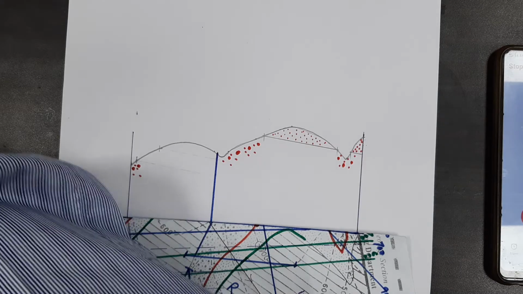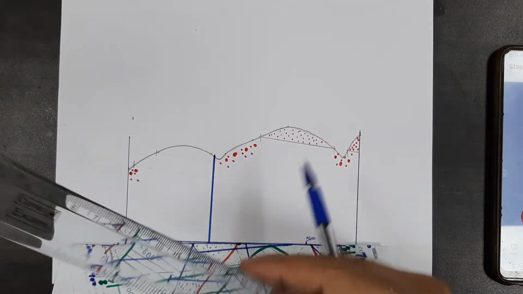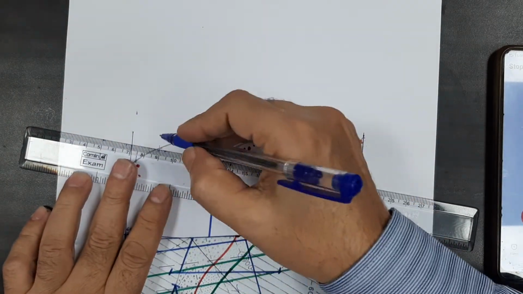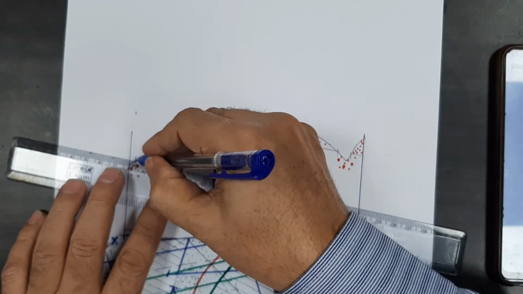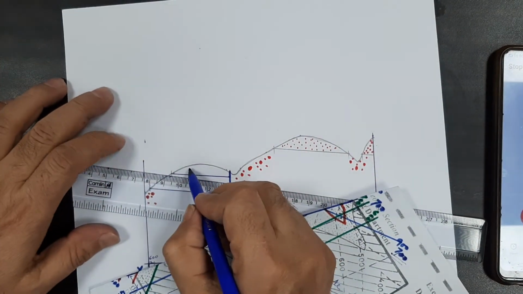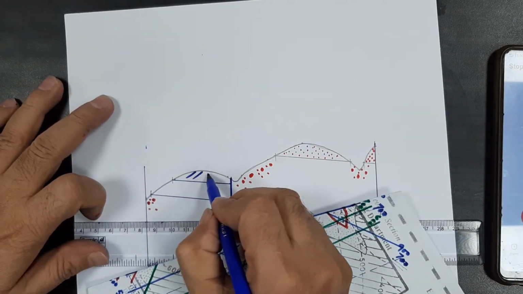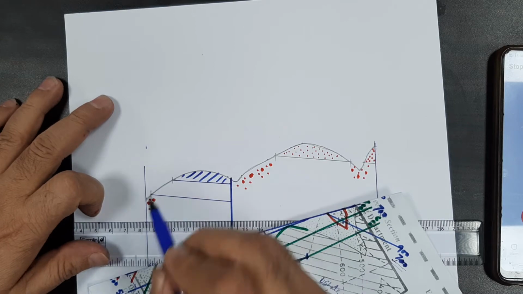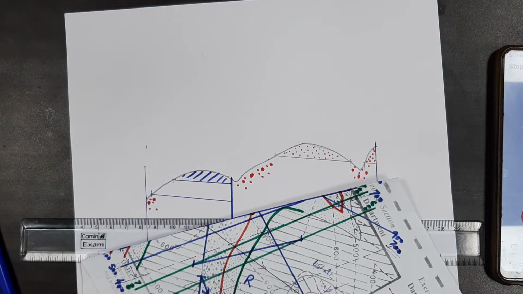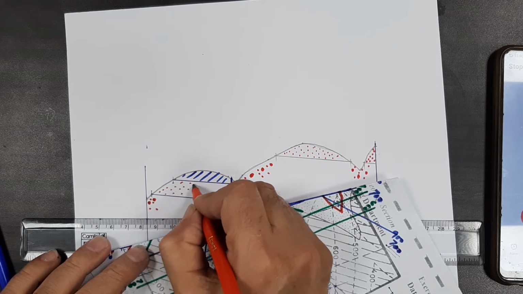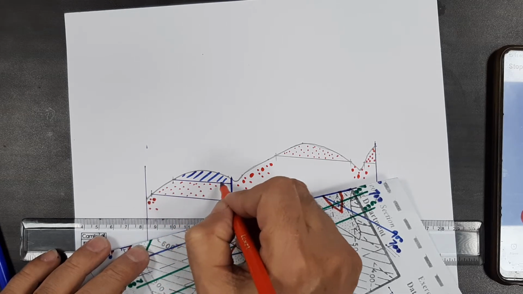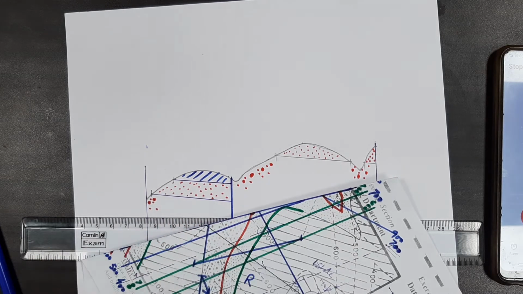Here we have got these two contacts. I will draw these contacts parallel to the angle of dip. Here we have got this rock. See, I have got this rock here, and below this again we have got the same sandstone. Below that sandstone we have got the mudstone.